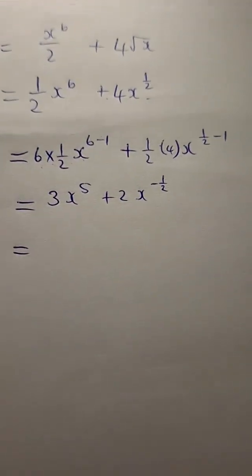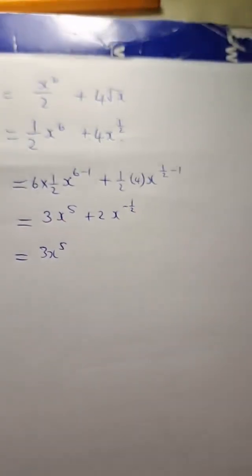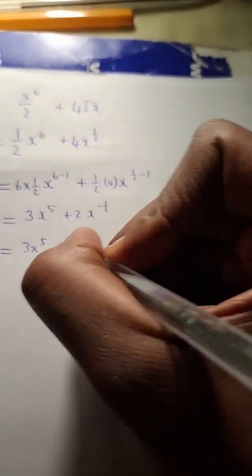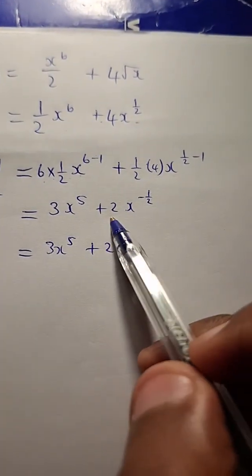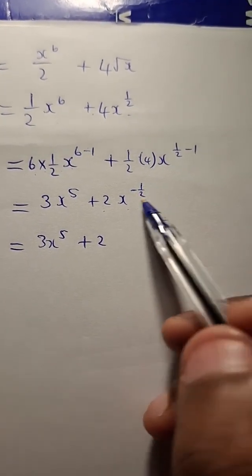Okay, then our final answer, when we write it so that it has positive exponents. So 3x to the power 5 is perfectly fine. We have no problem with that. Plus 2. This 2 is a coefficient that is positive. This x has a negative exponent.